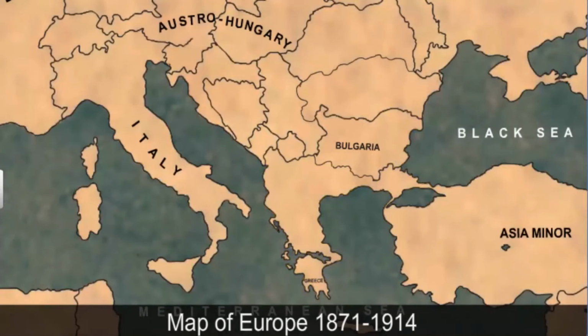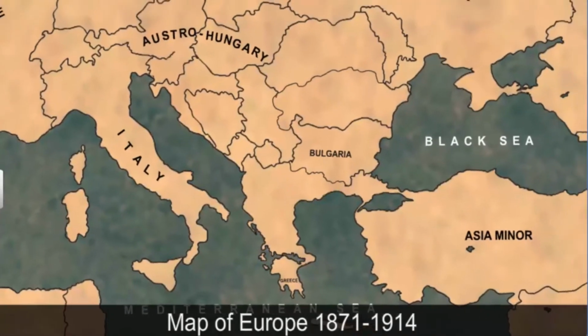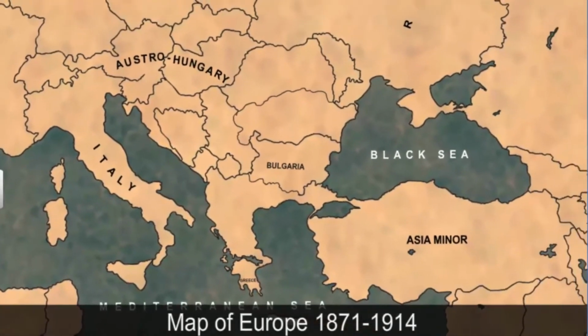Balkan is an old Turkish word meaning a chain of wooded mountains.